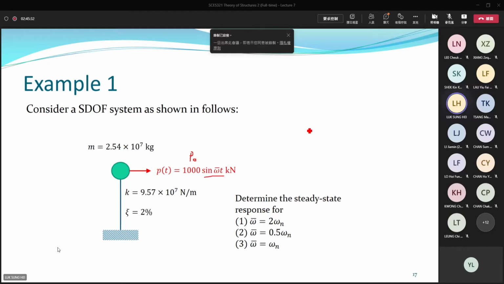In this problem, we would like to determine the steady state response, first, for loading frequency equal to 2 times the natural frequency. Second, loading frequency equal to 0.5 times the natural frequency of the system. The last one, resonance, loading frequency equal to the natural frequency. We try different frequency ratios, simply speaking, to see the effect on our steady state response. It is a direct application of the formula that we derived before.